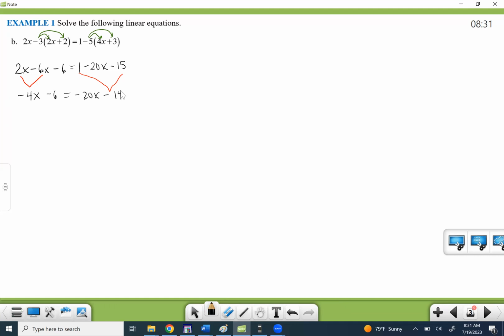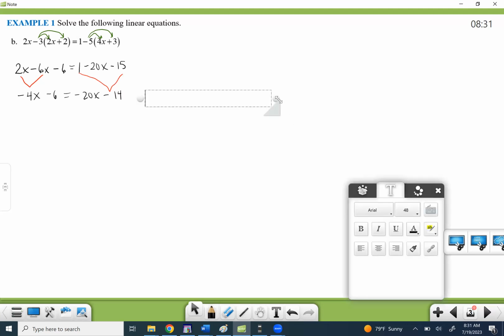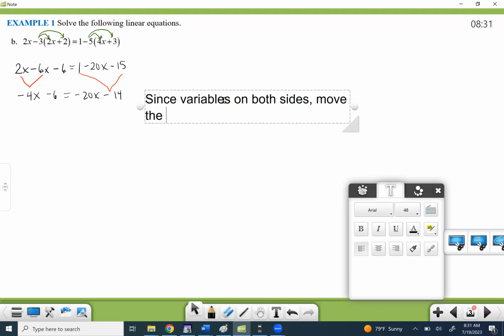All right. Now we know that we said there are variables on both sides, so we're going to move the smallest. I'm just going to be really repetitive because I don't know about you guys, that's what my brain needs. It needs that repetition. So since variables on both sides, move the smallest.